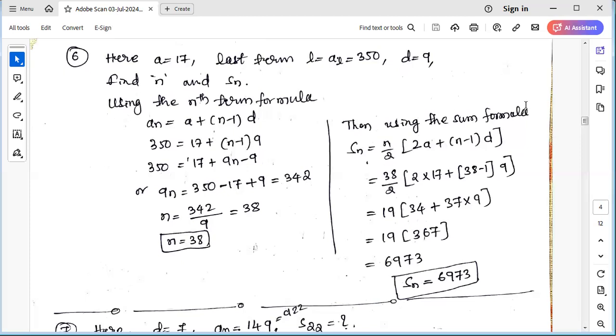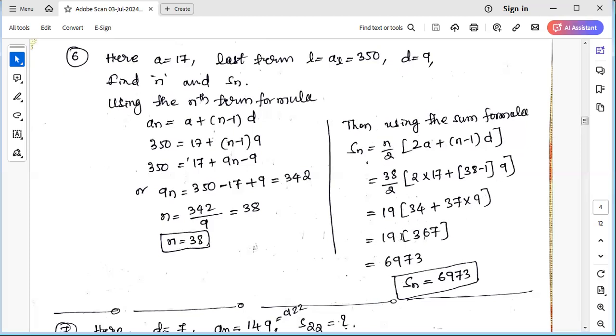Then use the sum formula, Sn is equal to n by 2 into 2a plus n minus 1 into d. And now all the values are available. Put the values. Value of n is 38 by 2 into a 17 plus n minus 1, 38 minus 1 into d is 9. So 38 divided by 2 is 19 into the bracket. 2 into 17 is 34 plus 38 minus 1 is 37 into 9.